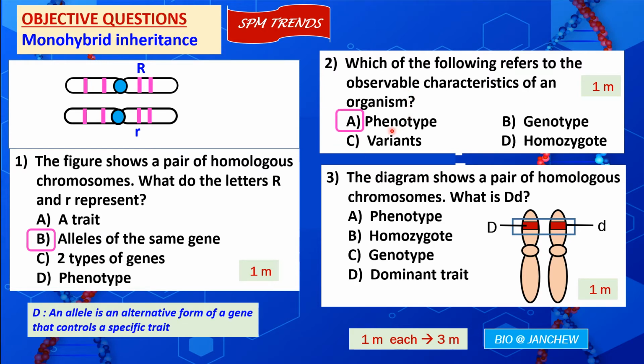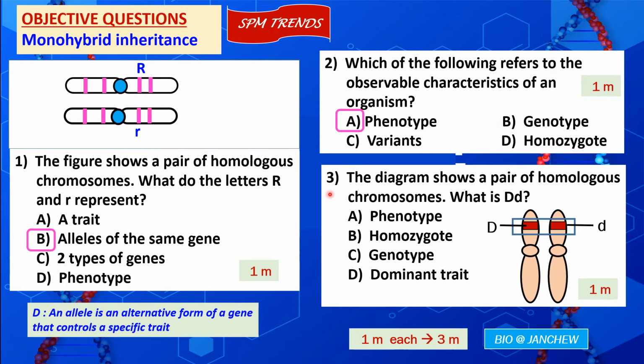Okay, so you must know your definitions well. And this means the traits that are expressed by an organism, that are shown by the organism. Alright, and that's the phenotype, in contrast to the genotype, which is the genetic composition in a cell.